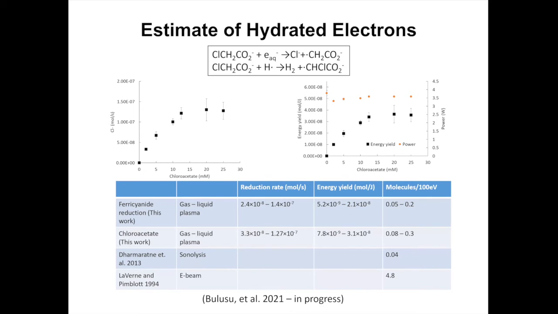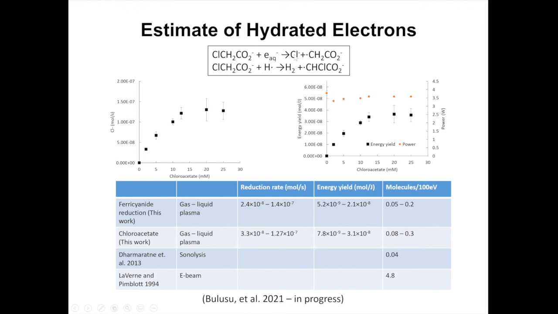Now, I did want to mention not only the idea about oxidation, but reduction. And reduction processes utilize this hydrated aqueous electron. And so I'm showing here, this is unpublished data, this is preliminary work, but showing the production of hydrated electron based upon measurements of chloroacetate conversion into chloride. If it was reacting with hydrogen, it would produce molecular hydrogen.